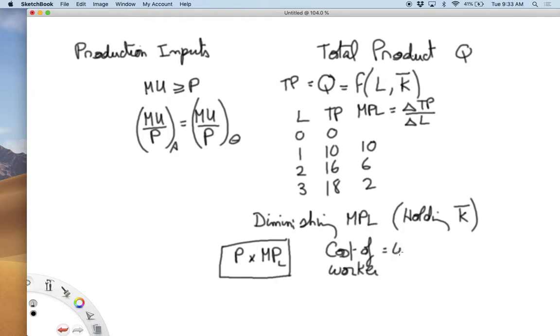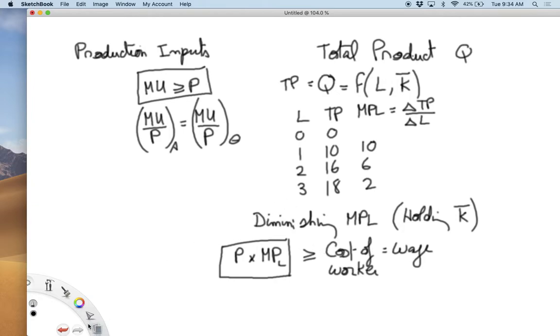which is the wage. Okay, so the rule is going to be just like when you're choosing how many apples to buy, you're going to compare the additional happiness you get from the apple with the cost of the apple. Here, when I'm deciding how many workers to hire, I'm going to compare the benefit I get from the worker, which is how many t-shirts that worker produces, times the value of each t-shirt, with the cost of the worker, which is the wage.